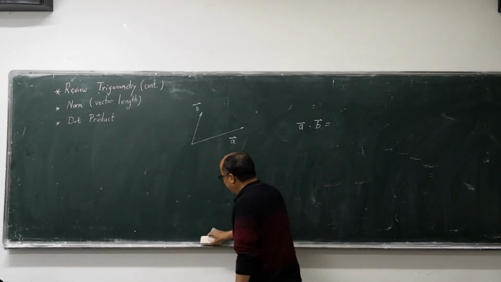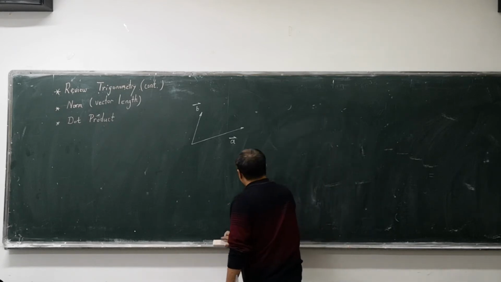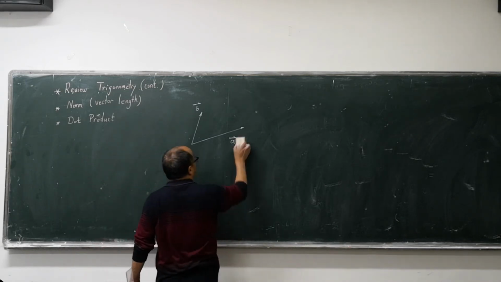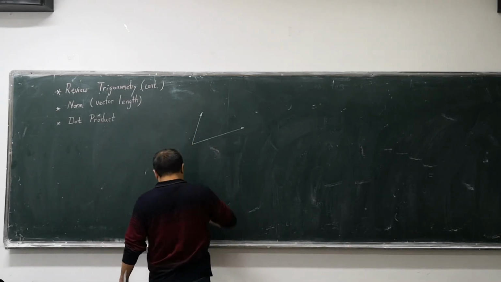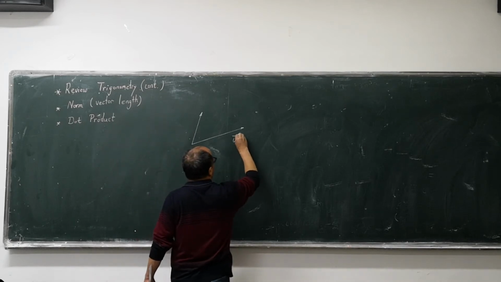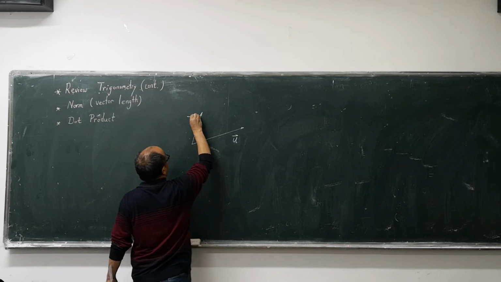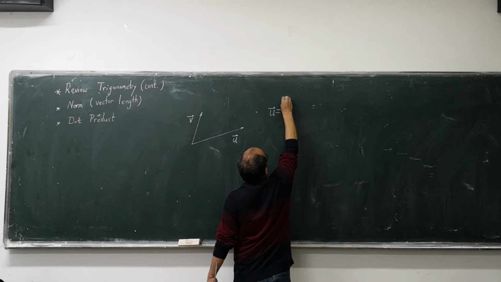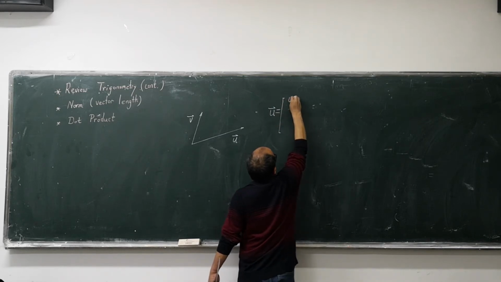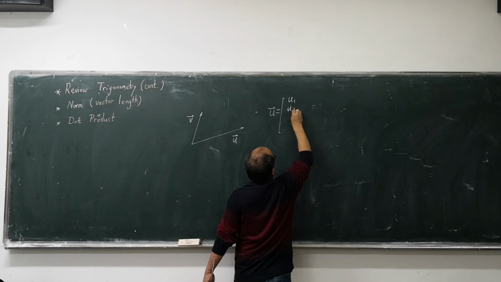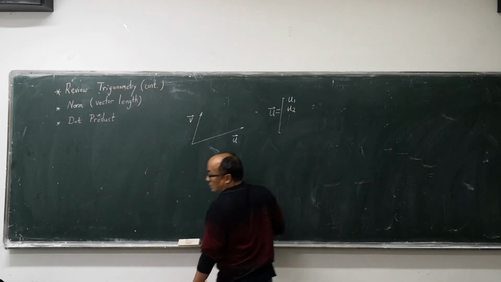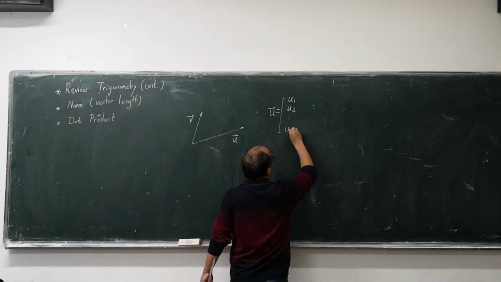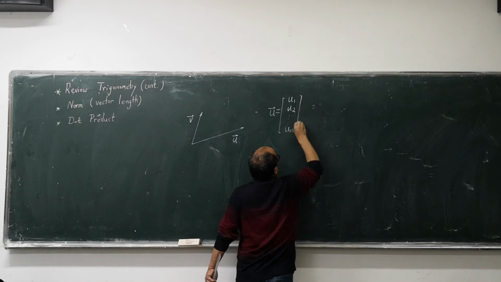Let's say he's using U and V, and I follow both. Vector U and vector V. If vector U is U1, U2, up to Un, they have to be the same dimension.